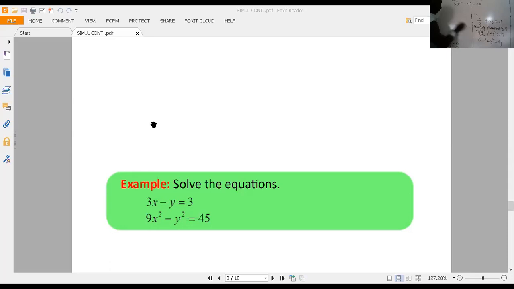Now, you therefore split it into 2: 3x squared minus y squared equals 45. Consider equation 1. I can rewrite this as a difference of two squares. Writing this, I will have 3x minus y and 3x plus y equals 45.